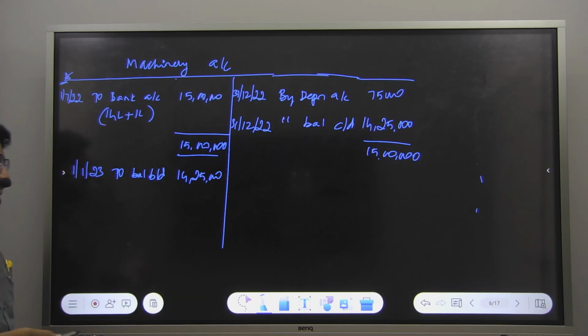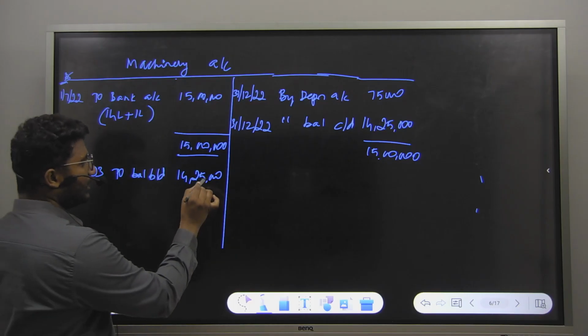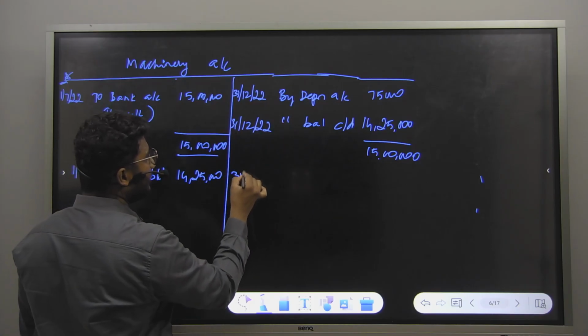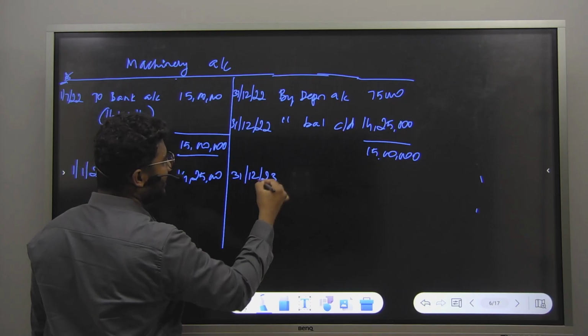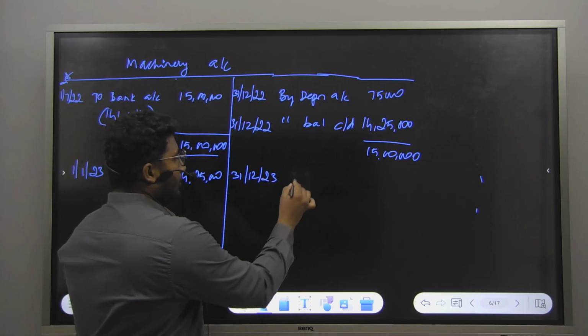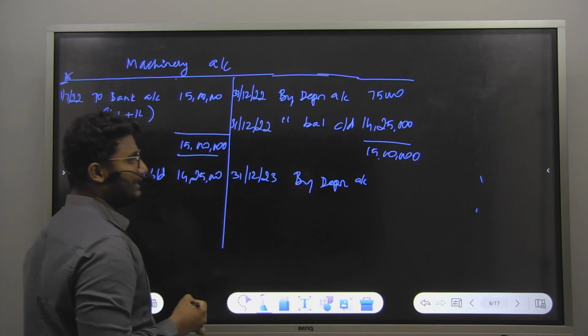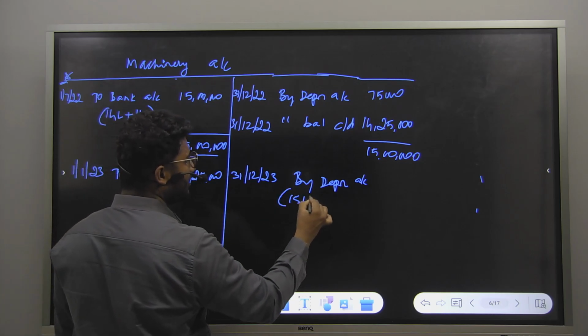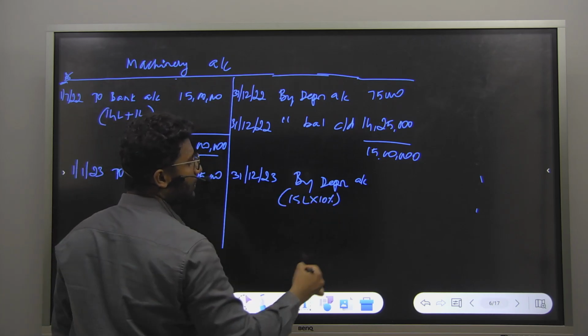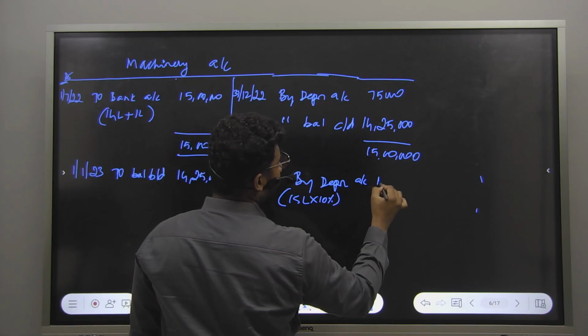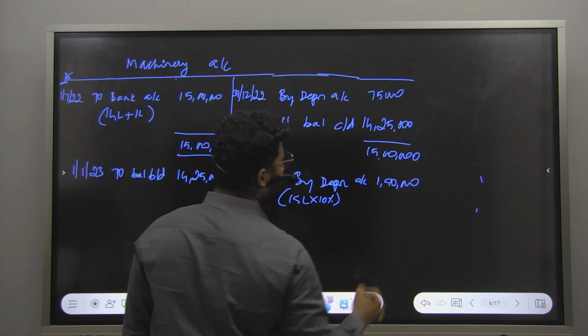So for the second year, how much depreciation will you charge and when? On which date? End of the year, 31st 12/23. By depreciation account, we have already calculated it on 15 lakh rupees at 10%. How much? 1,50,000.